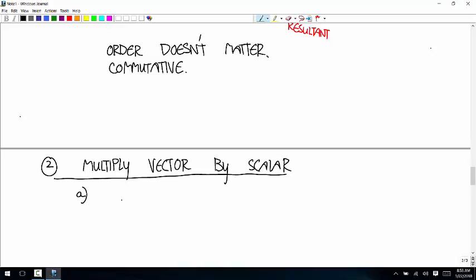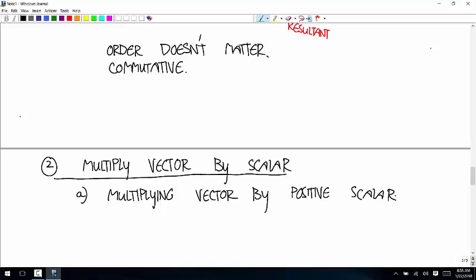So multiplying a vector by a positive scalar changes the vector length or the vector magnitude by a factor.